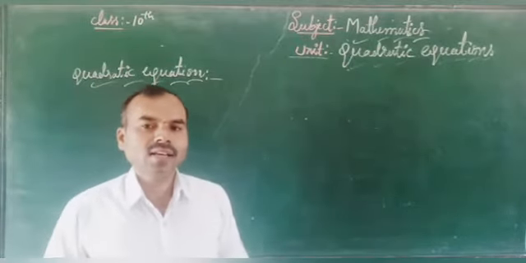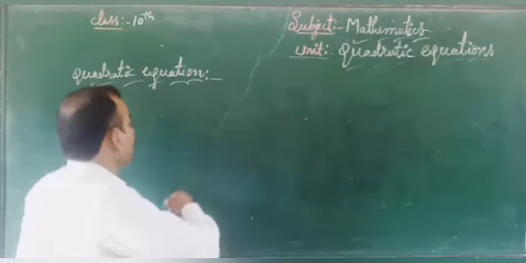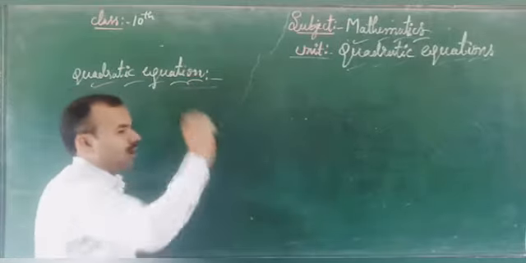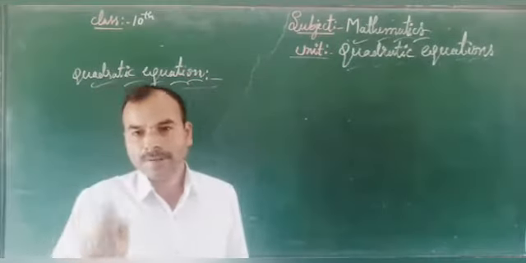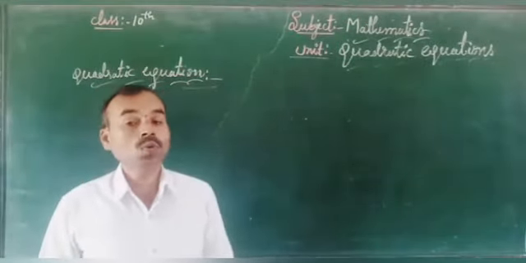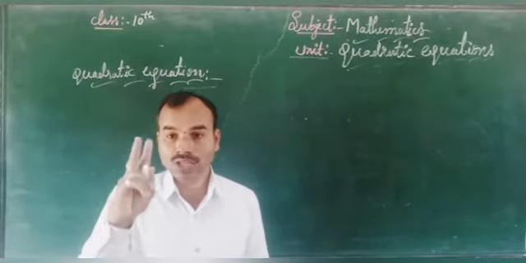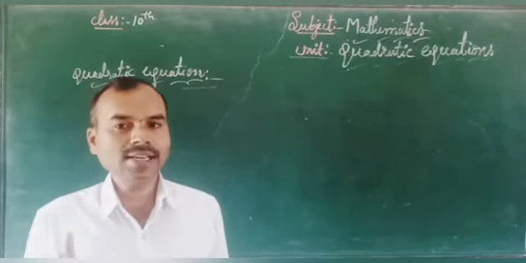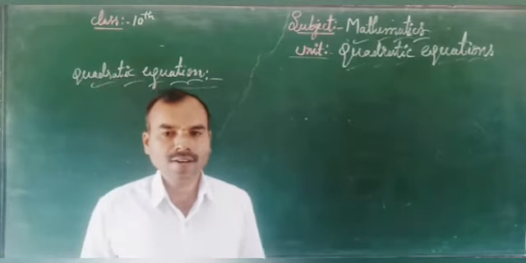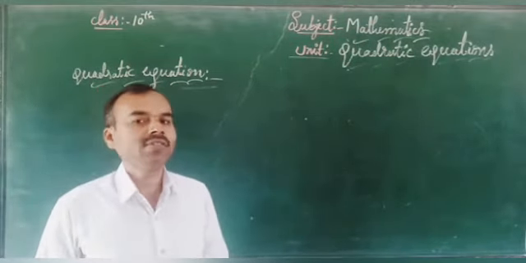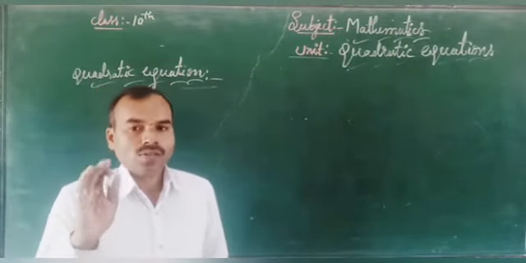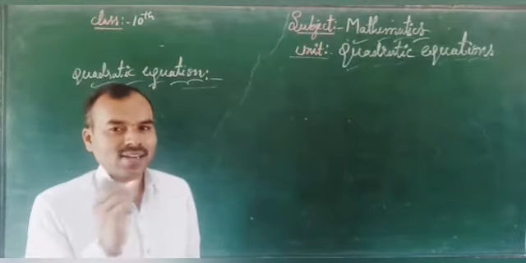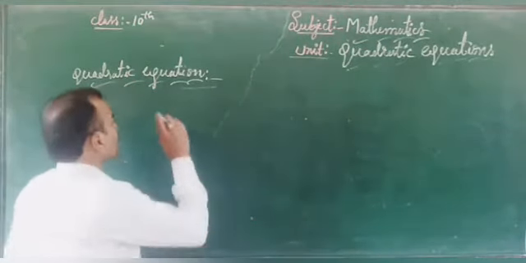First we take that one. A quadratic equation means an equation involving a variable whose highest degree is 2. Highest degree 2 is called a quadratic equation. Just write down the definition.